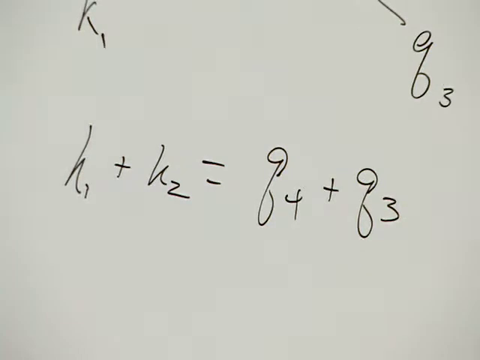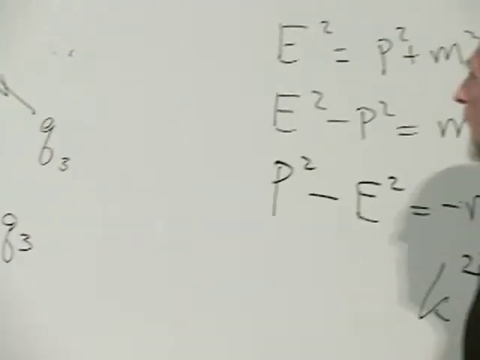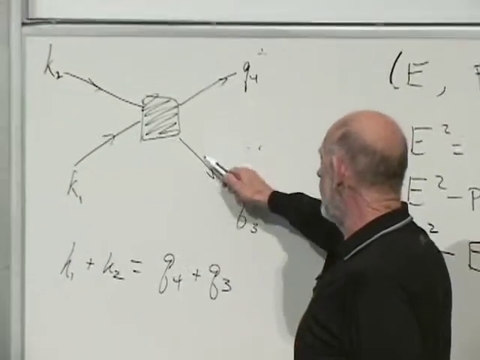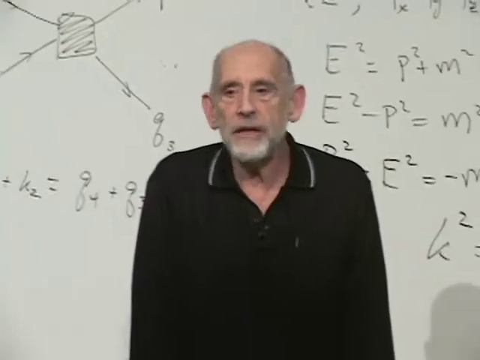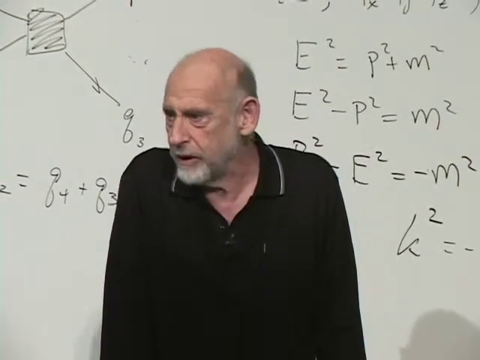Now, because of the perversity of physicists, what physicists like to do is to redefine the outgoing momentum and think of them as incoming momentum. Now that's crazy.